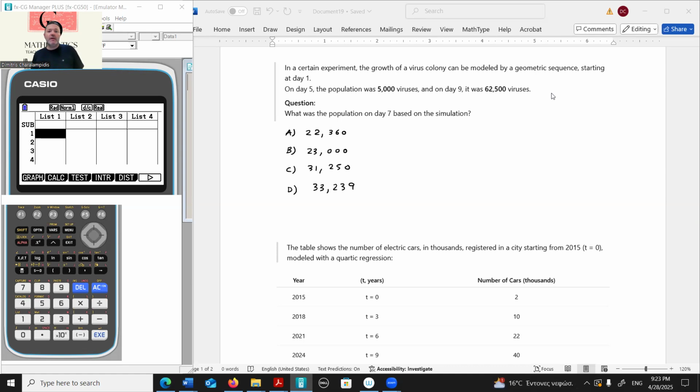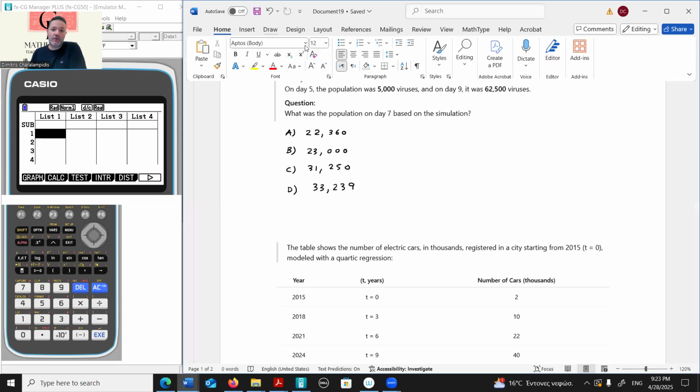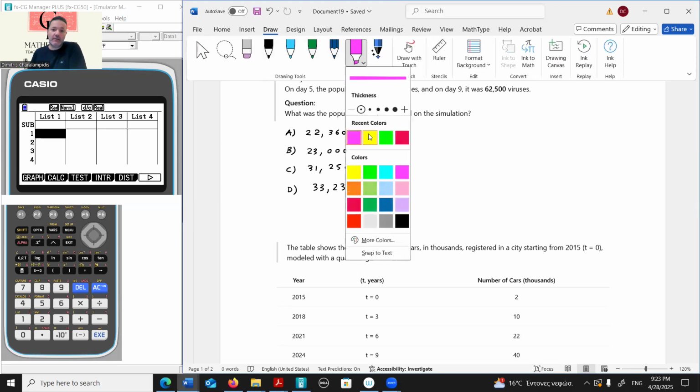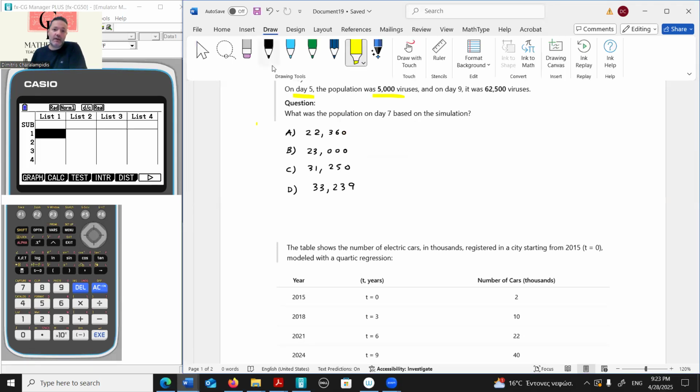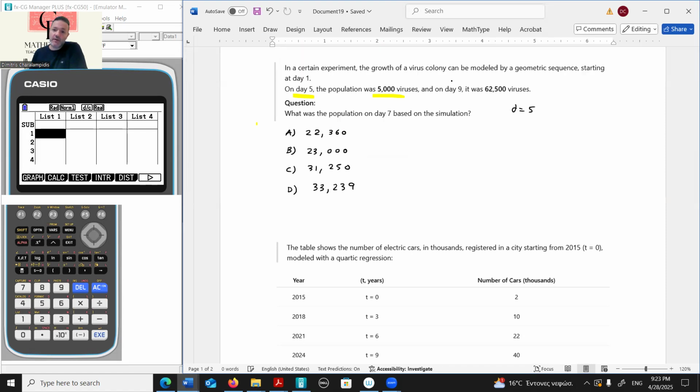see exercise 1. In a certain experiment, the growth of a virus colony can be modeled by a geometric sequence starting at day 1. On day 5, the population was 5,000 viruses. So the given info we have already is that when D is 5, virus is 5,000.